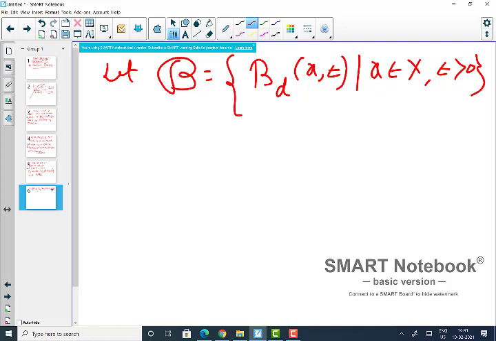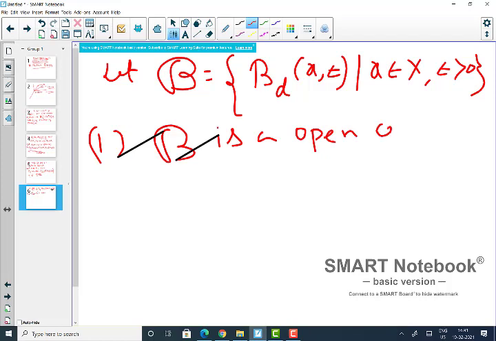This set has a very nice property. First of all, this is an open cover of X, right? So number one, you see that this is an open cover of X, obviously.